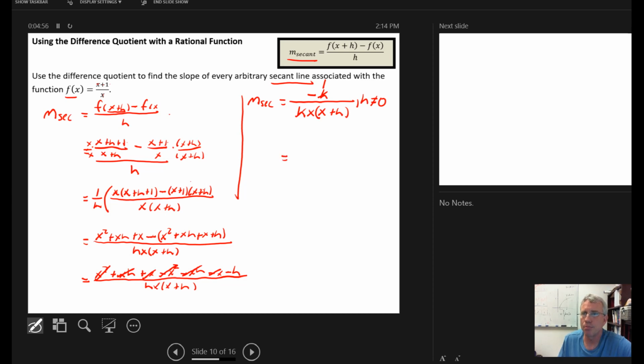So this is going to simplify to negative 1 over x times x plus h. So there is the slope of all possible secant lines associated with the function f of x equals x plus 1 over x.